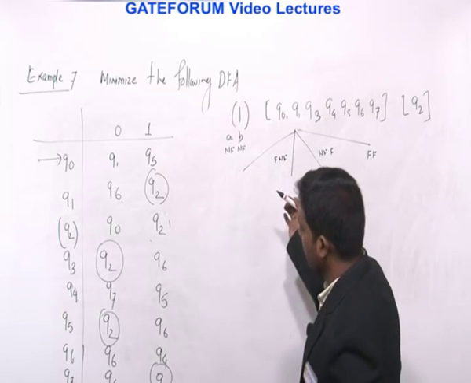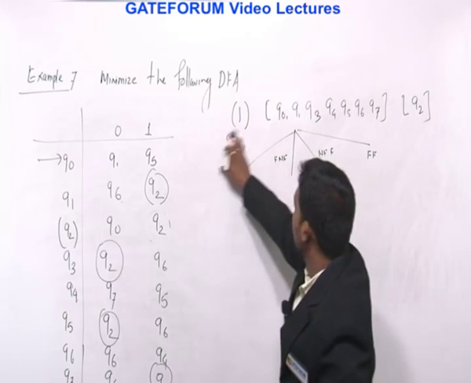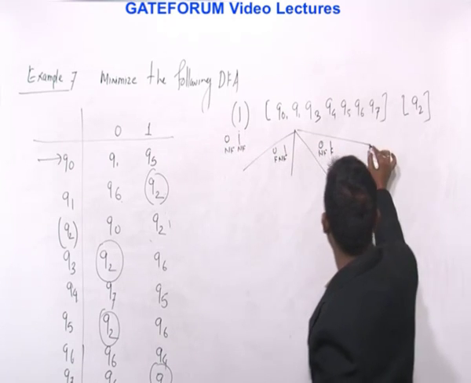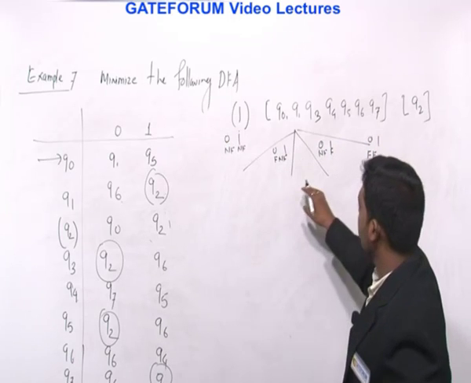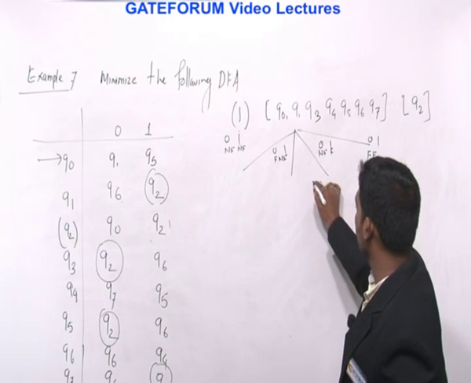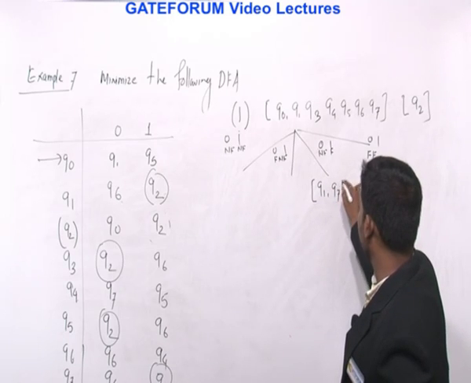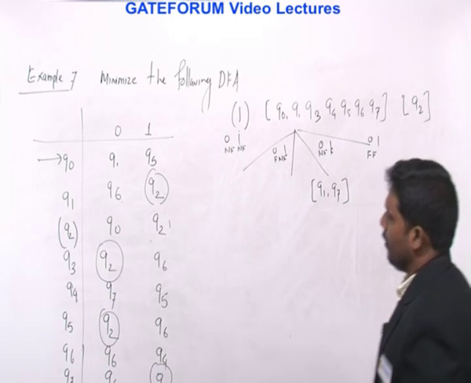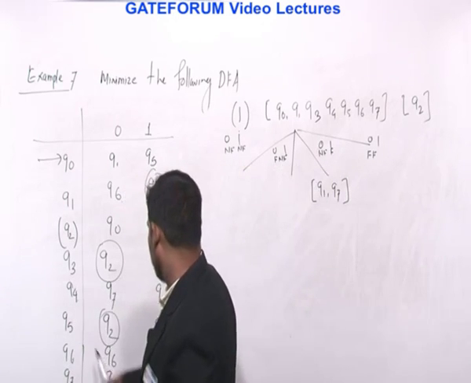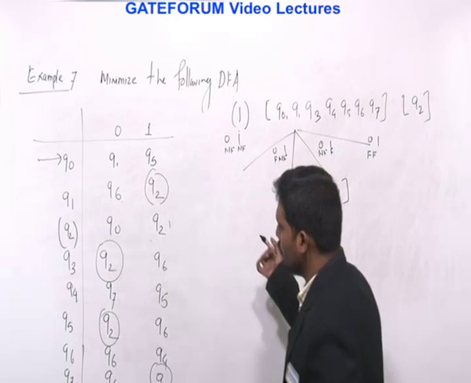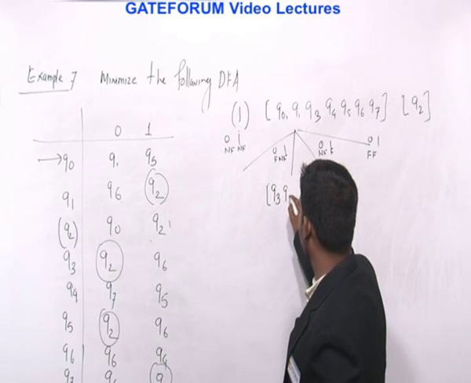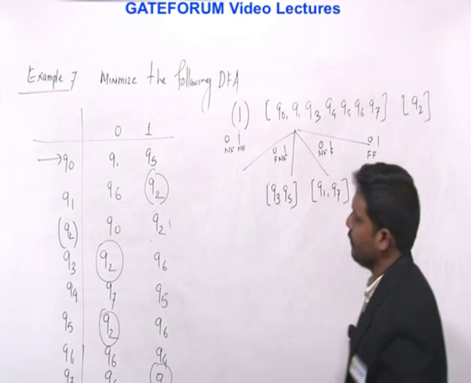So 0 1, 0 1, 0 1 and 0 1. So on input 1 final state, in this partition I can put Q1 and Q7. Then this is Q3 and Q5, so I can put Q3 and Q5 in this partition, final and non-final.